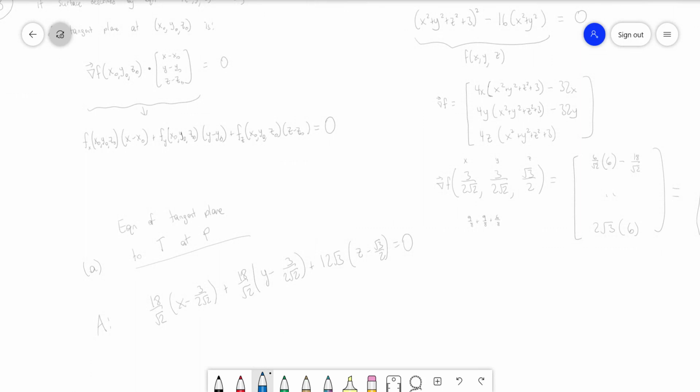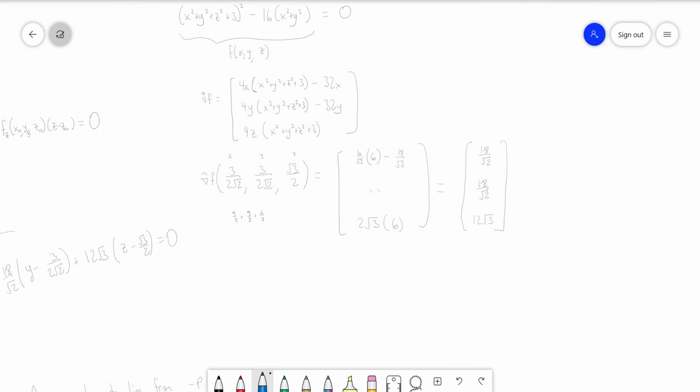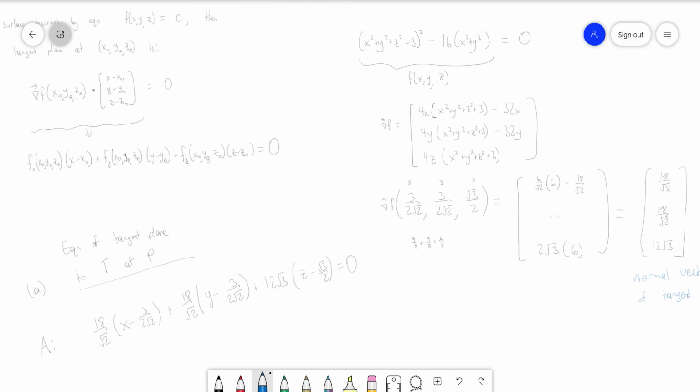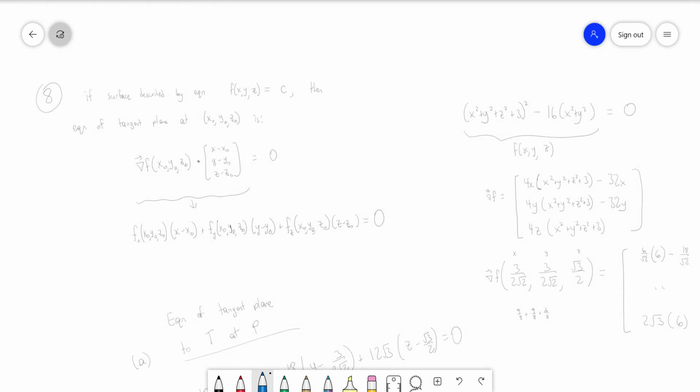So the gradient vector itself, the gradient vector that we found here, happens to be a normal vector for the tangent plane. That's why when you do the dot product with this vector, you get 0, because this is representing a vector inside the tangent plane. Since the gradient is normal to it, the dot product should be 0 because they're orthogonal.